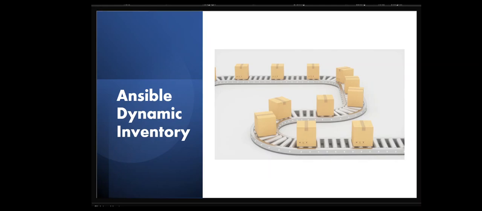For this hands-on class, I've made a couple of assumptions that will guide how I approach it. One is that you've set up your control node, meaning your control server, your local host, or your computer, whatever you use as your control node, with Ansible installed, Python installed on it, and all your AWS credentials set up.